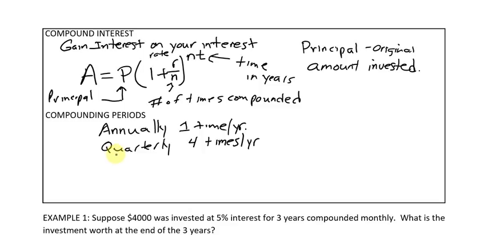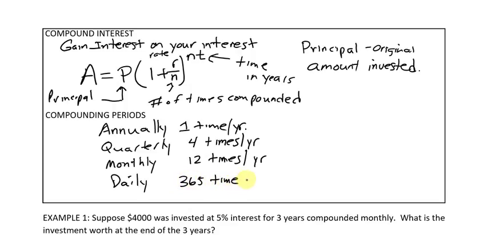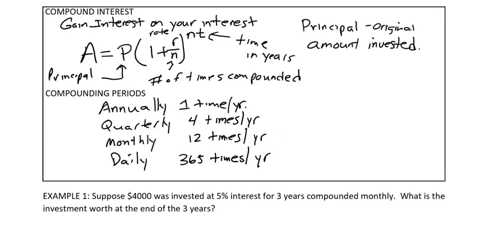Most commonly, monthly, obviously 12 times a year. And not quite as common, but more common than the others, is daily, which is 365 times per year. Some accounts do that.